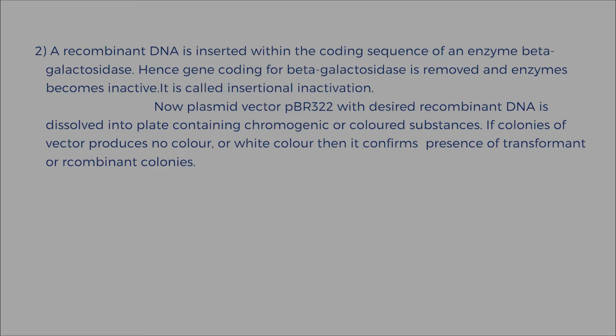Now the plasmid vector pBR322 with the desired recombinant DNA is grown on a plate containing a chromogenic or colored substance. If the colonies of the vector produce no color, or white color, then it confirms the presence of transformant or recombinant colonies.